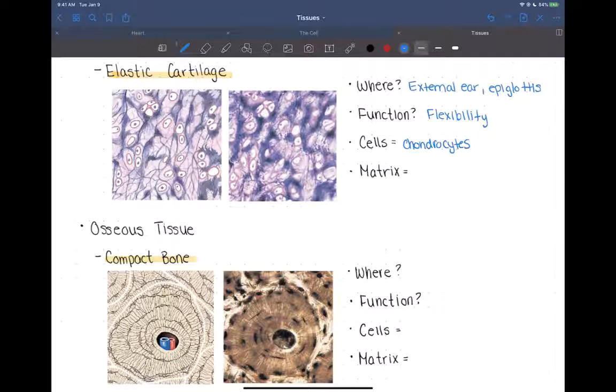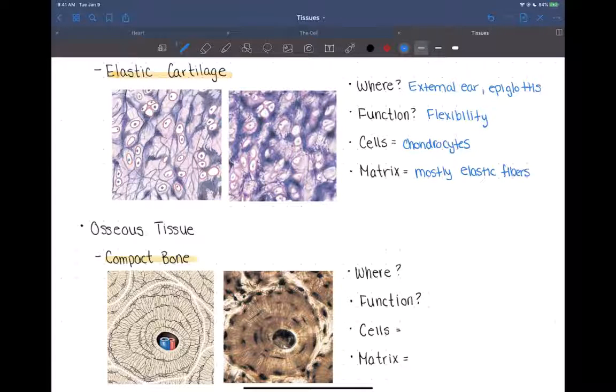All right, those chondrocytes are going to be making the matrix, which in this case is going to be mostly elastic fibers. All right, so that is our elastic cartilage, pretty simple. Okay, so those are 3 types of cartilage.